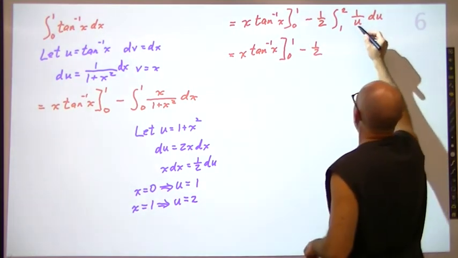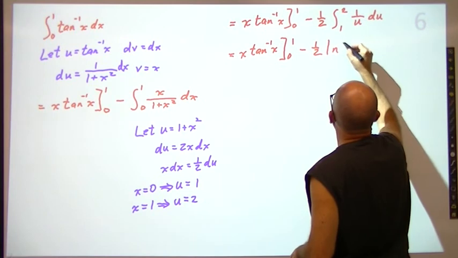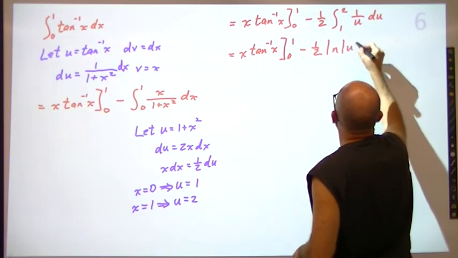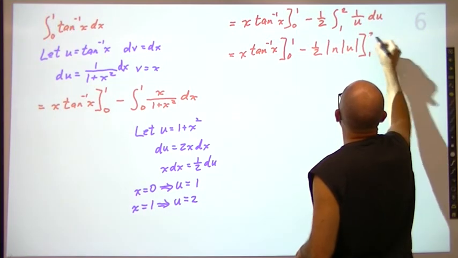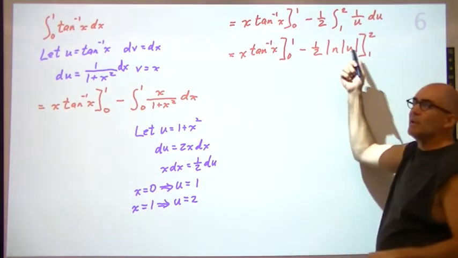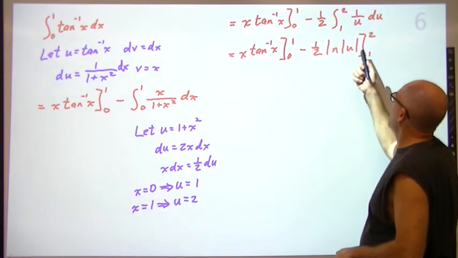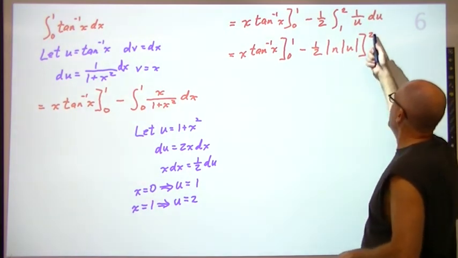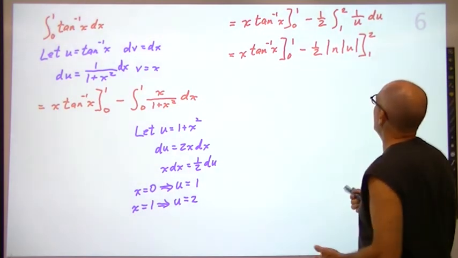Now, this is natural log absolute value of u from 1 to 2. Really, the only time you need the absolute value is if it would be a negative number. 1 and 2 are both positive, so we really don't need the absolute value.